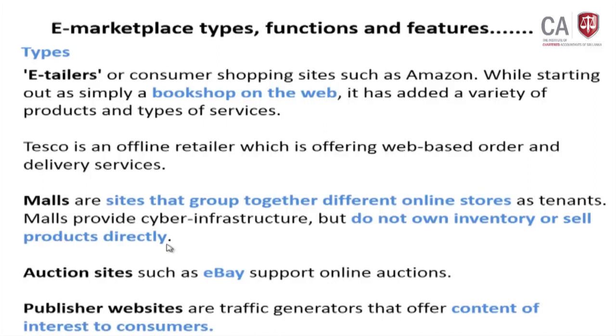The shopping mall is a company, and that company does not need to have any inventory. All they do is provide the premises. Then other companies are involved as sellers and sell the products.